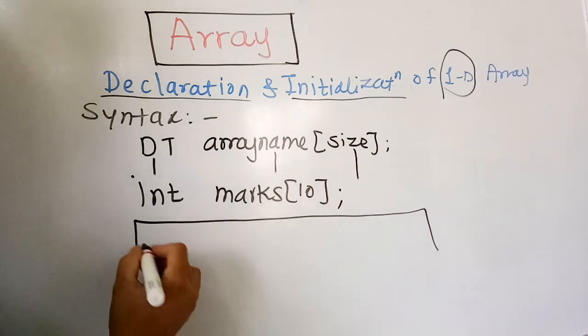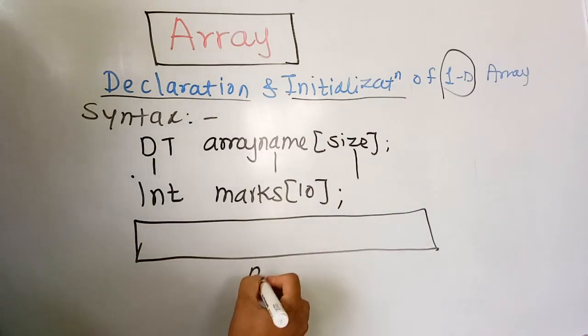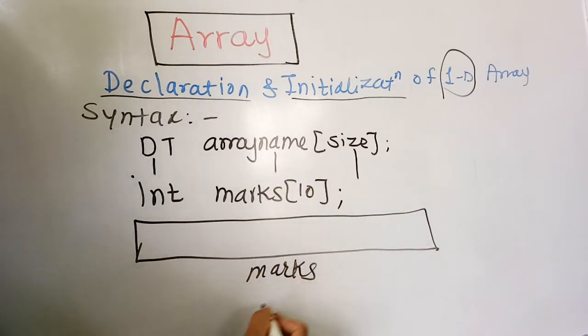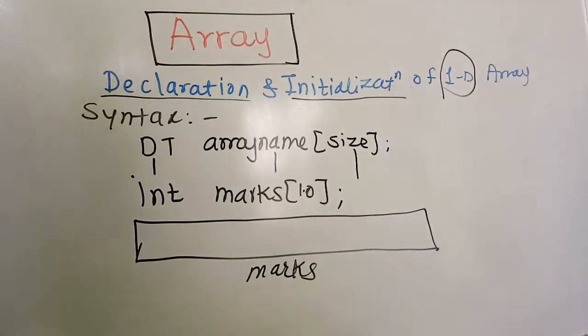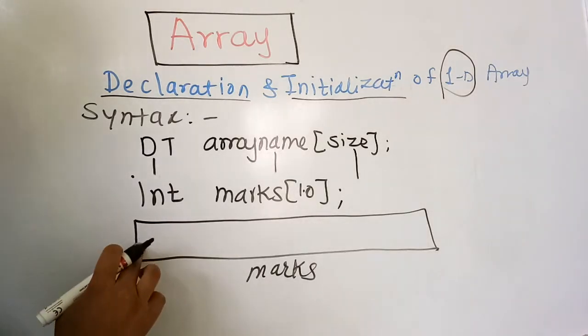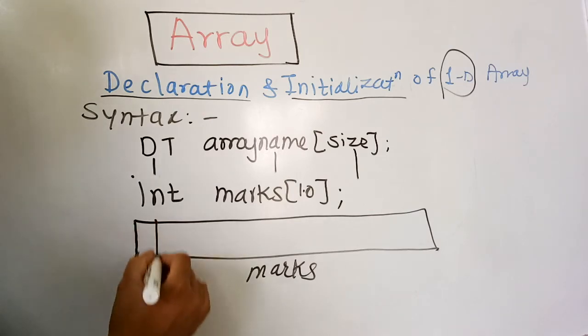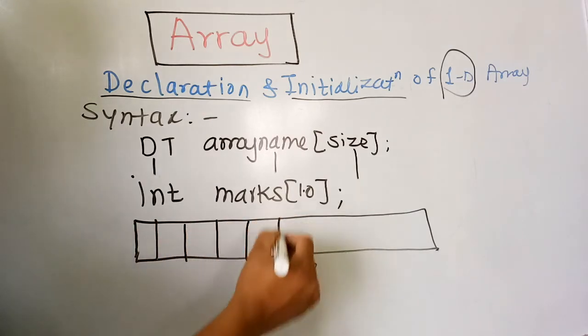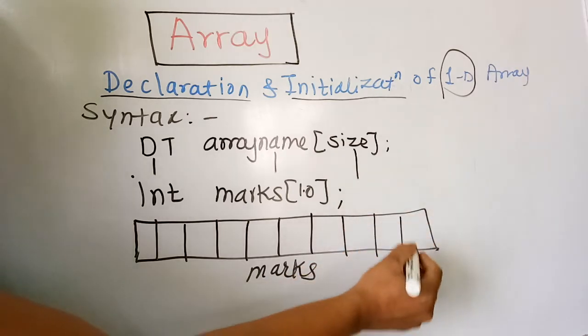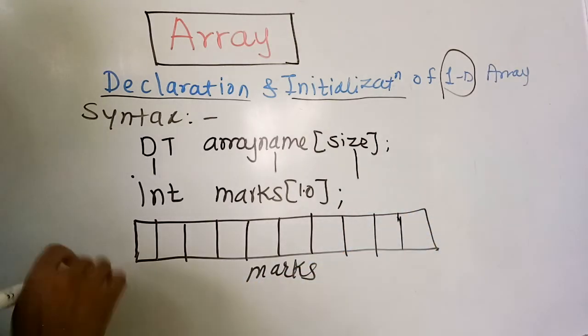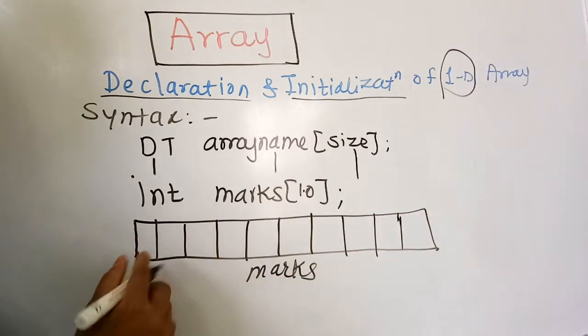In memory, a contiguous block of 10 memory locations will be allocated by this array, and all the 10 students' marks are stored in a consecutive manner, meaning 1, 2, 3, 4, 5, 6, 7, 8, 9 and 10.